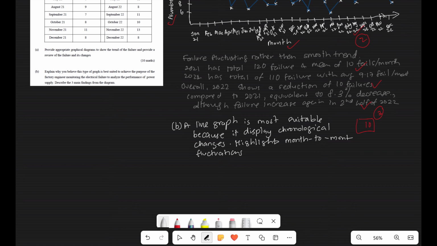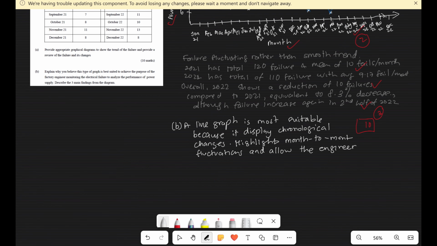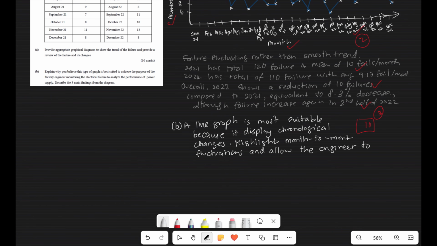Okay, and allow engineer to identify peaks, low points, and possible seasonal patterns.